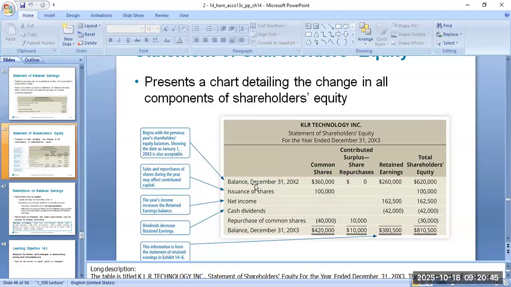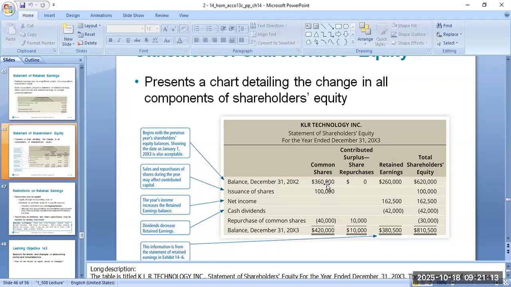So again, we're going to start with the balance at the beginning of the year or the end of the previous year. It doesn't really matter because the difference between the ending balance and the beginning balance is 1 second. So whether you show the balance of December 31st, 2022 or January 1st, 2023, the number will be exactly the same.